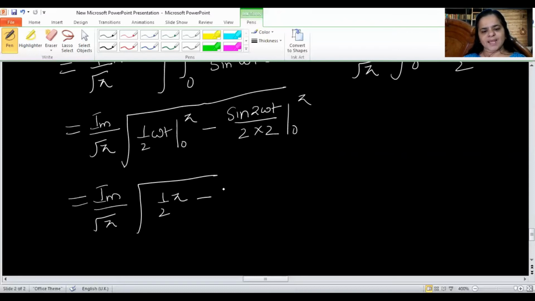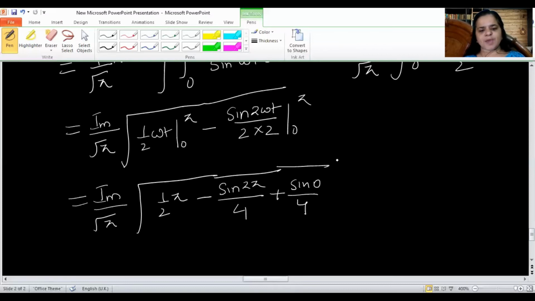Now minus sine 2 pi by 4, that is with the upper limit, and one minus sign is already there. One minus sign is of the lower limit, so it will be sine 0 by 4. Now sine 0 is 0, sine 2 pi is 0. So both this term and this term will be 0. So what I am going to get?